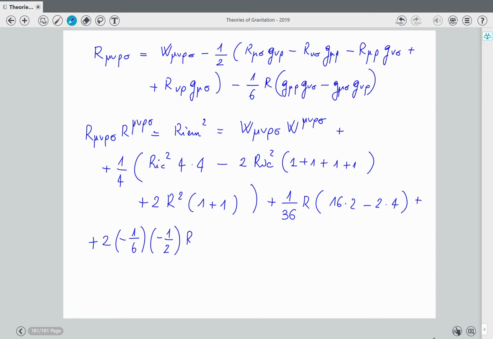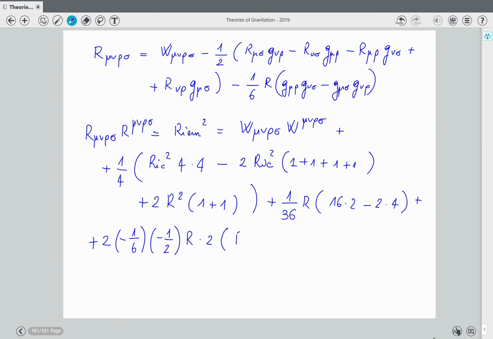R is a coefficient also, and then it's sufficient to multiply g mu rho g nu sigma minus g mu sigma g nu rho times that. But since by anti-symmetry it's sufficient to multiply by 2 and just contract with the first. Okay, so we contract with the first, g mu rho, g nu sigma.